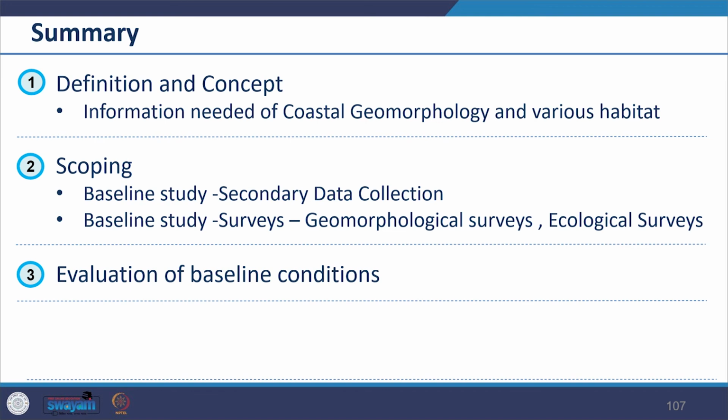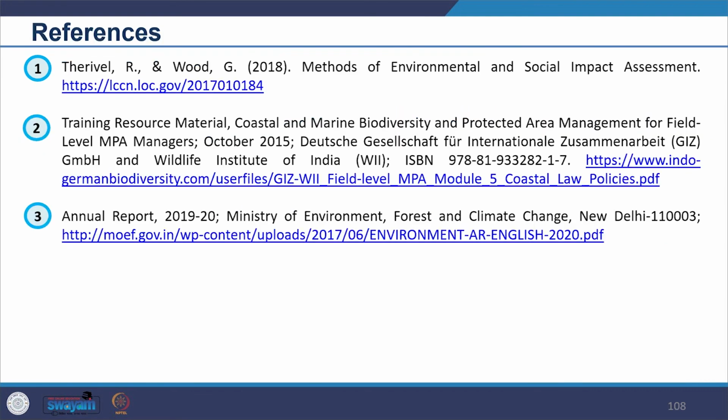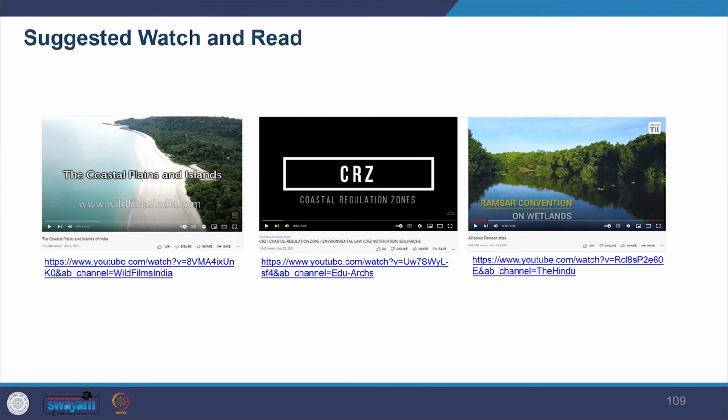Then we covered what secondary data you need to collect for the baseline study in the coastal area, what kind of surveys have to be undertaken in this domain, and how you evaluate the baseline condition. This was the key reference for our session today, and these are the suggested reading and watch for other typical terms which you looked at.